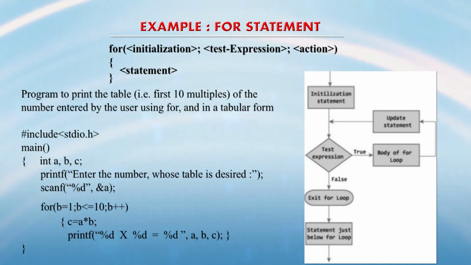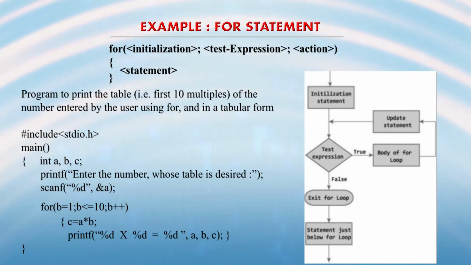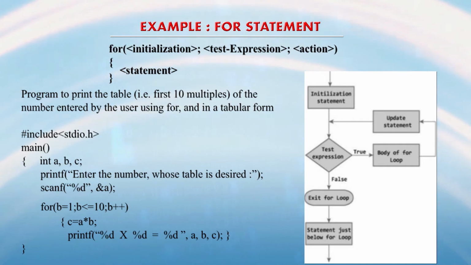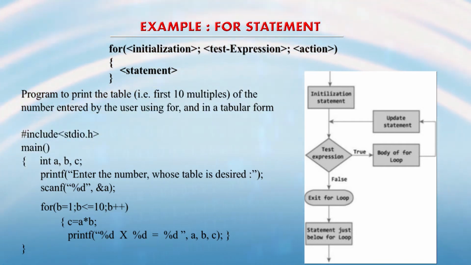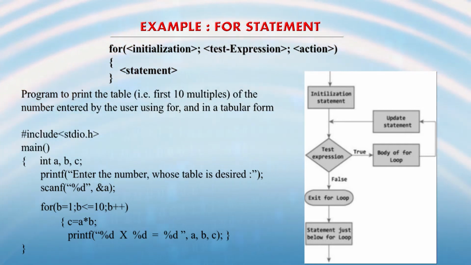After that, because 1 is less than 10, it is incremented, that is b++. So, b is now 2 and 2 is also less than 10. So, c = a * b, that is 2 * 2, so c is 4, and the output will be 2 x 2 = 4.